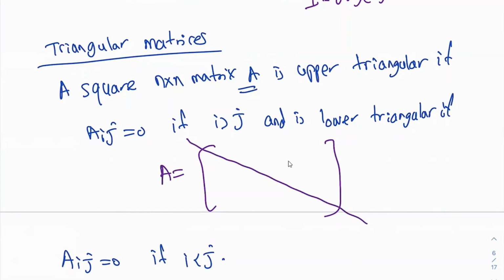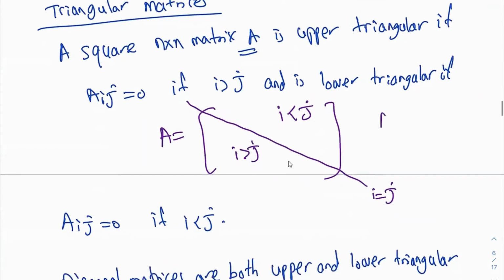The main diagonal is the set of indices where i is equal to j. Anything above the main diagonal is one region, and below is another region. So in this region, i is less than j, and in this region, i is greater than j.